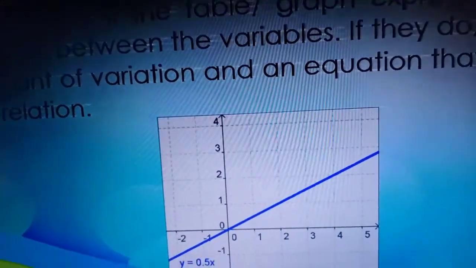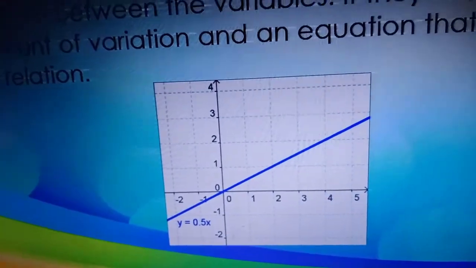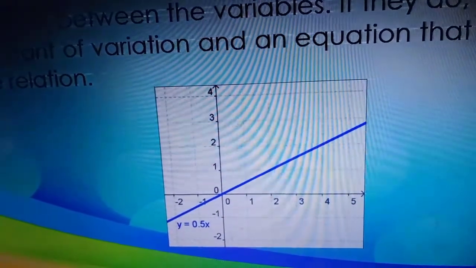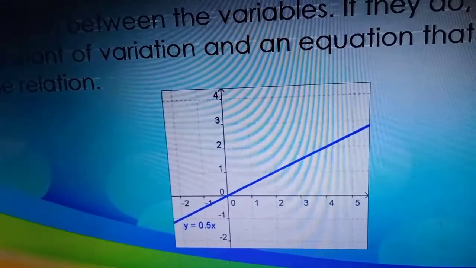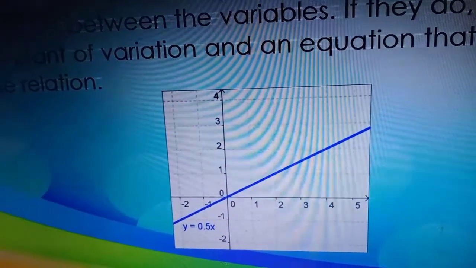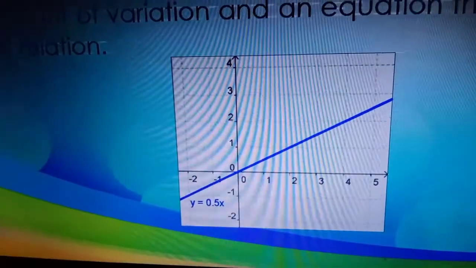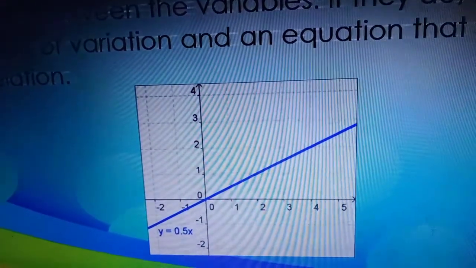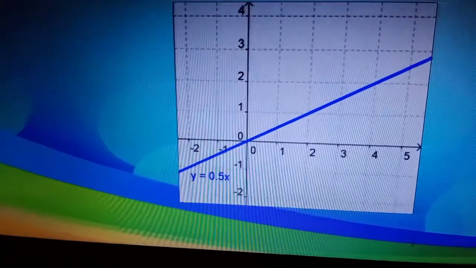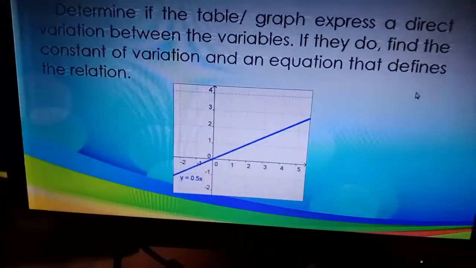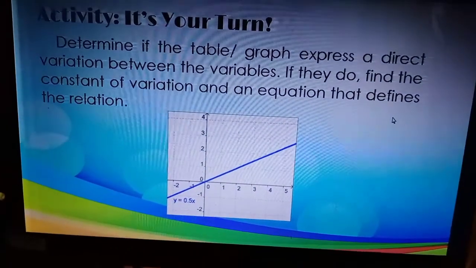So this graph is a direct variation in which 1/2 is the constant of the variation, and the equation that defines this is y equals 1/2 x, or 0.5x. Okay, so this is a direct variation graph.